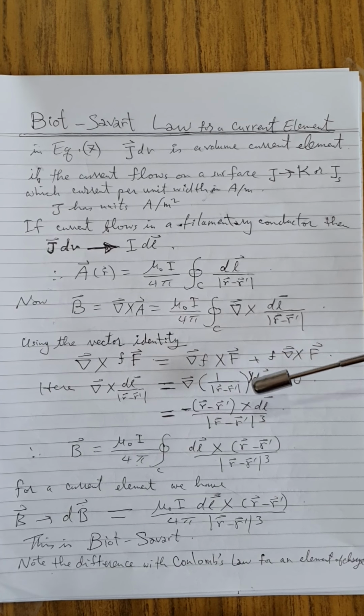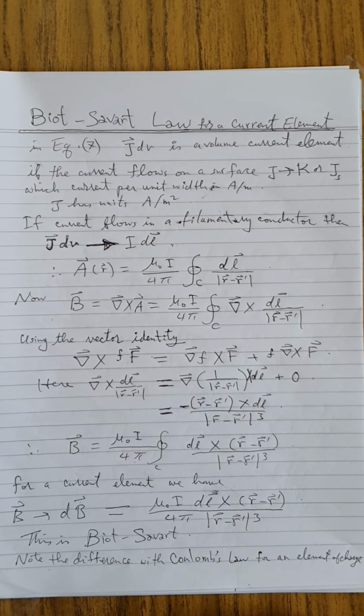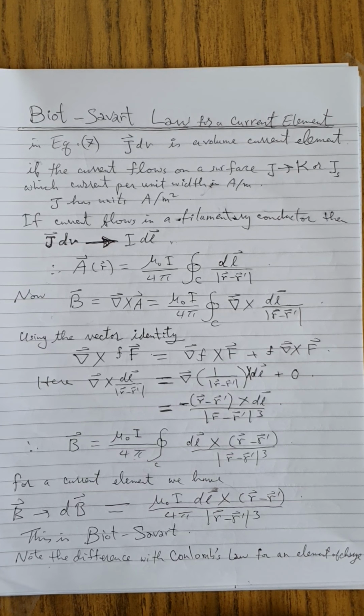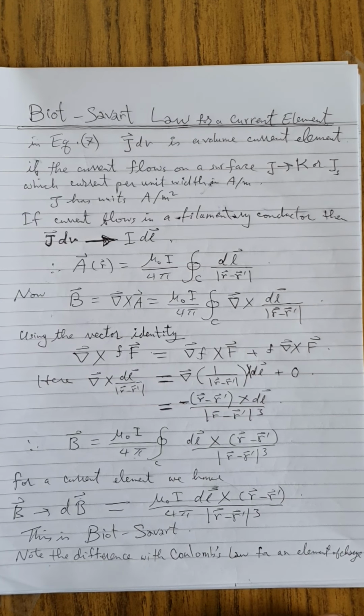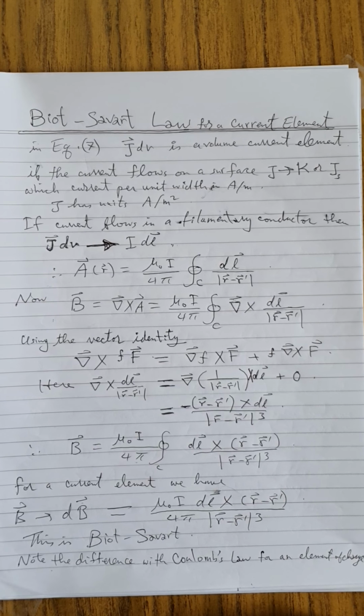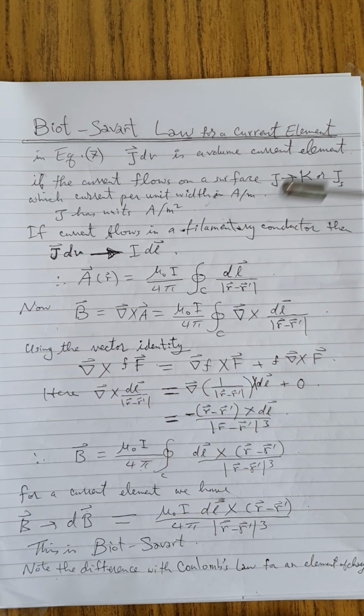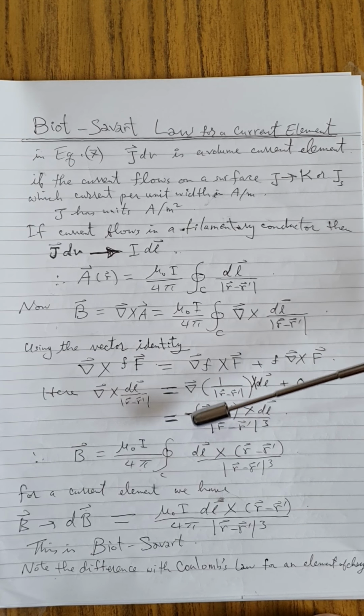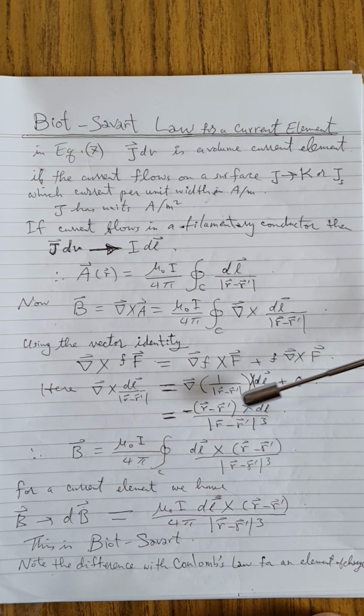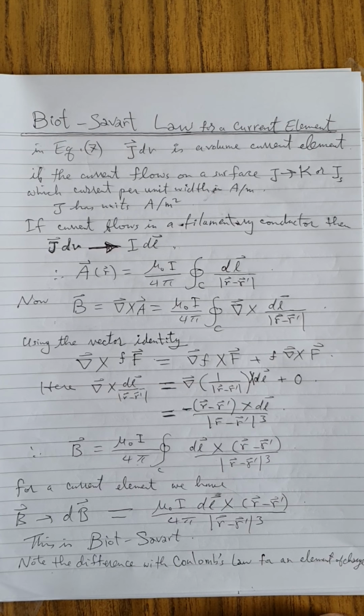Now the gradient of 1 over r minus r prime we have seen before. The distance is the square root of x minus x prime squared plus y minus y prime squared plus z minus z prime squared. And if you take the gradient, it becomes the vector r minus r prime divided by the distance cubed with a minus sign because it is in the denominator.